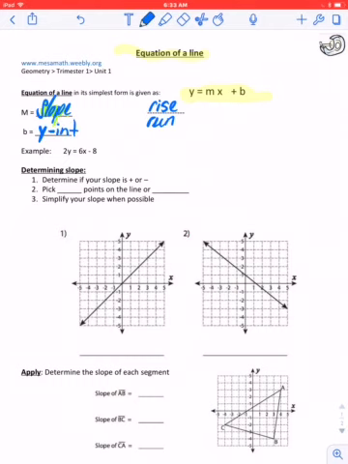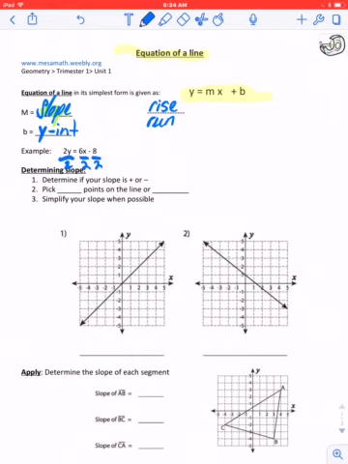So our example here, we've got the equation 2y is equal to 6x minus 8. Now with the equation of a line, we want to get it into y is equal to mx plus b form. So how can we get the y by itself? Now a good step here would be to divide by 2. And if we divide by 2, that's going to get rid of the 2 in front of the y, because that's like 2 times y.